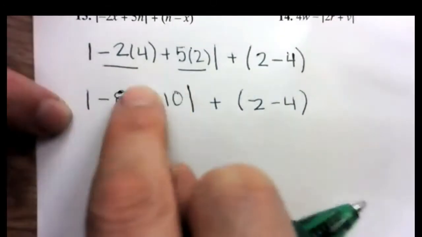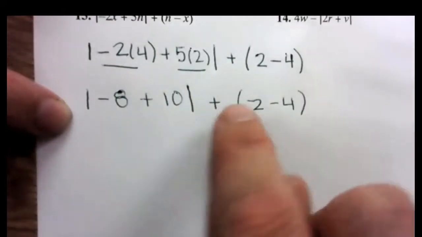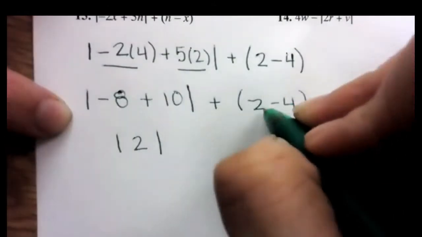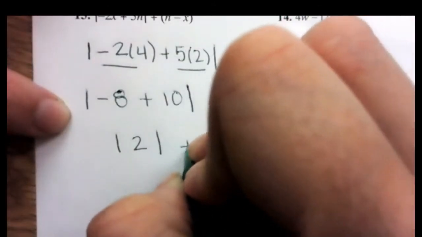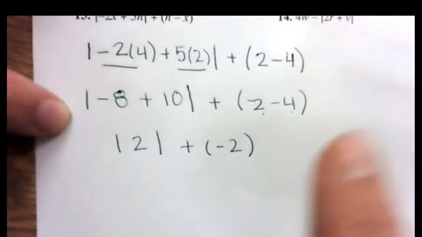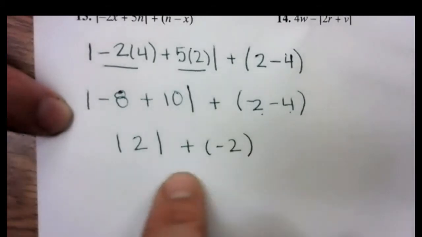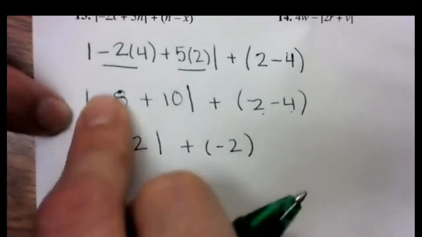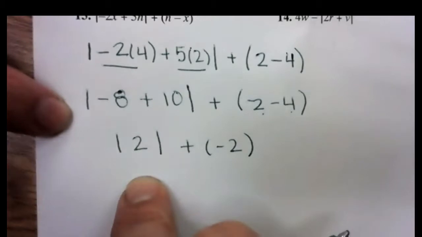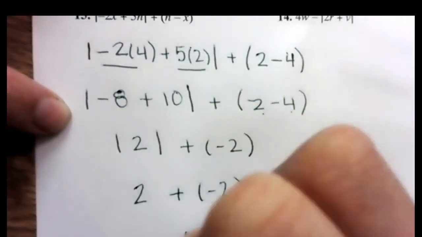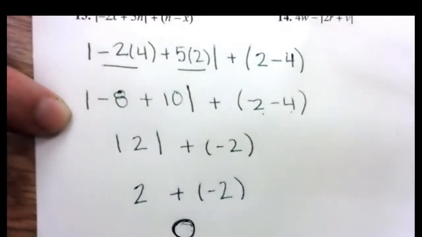Negative 8 plus 10 is 2. 2 minus 4 is negative 2. That's not an absolute value, so it stays negative. This is an absolute value, so the absolute value of 2 is 2. Plus negative 2, which is 0.